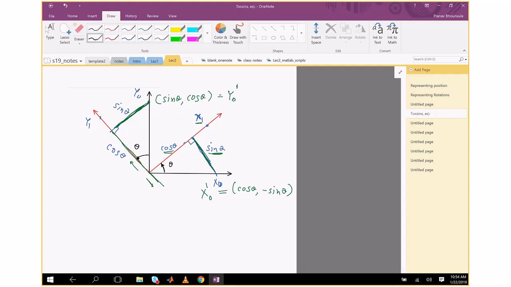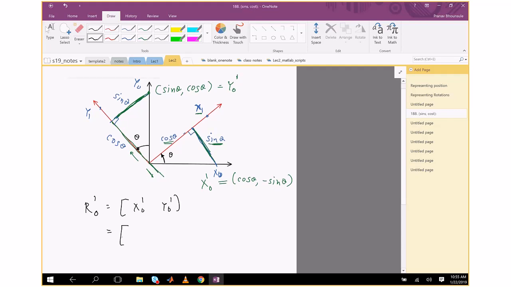So if I want to write the reverse, which is R0 in frame 1, I would write x01, y01, which is just right from here, cosine theta minus sine theta sine theta cosine theta.